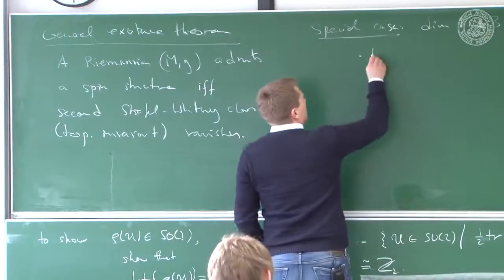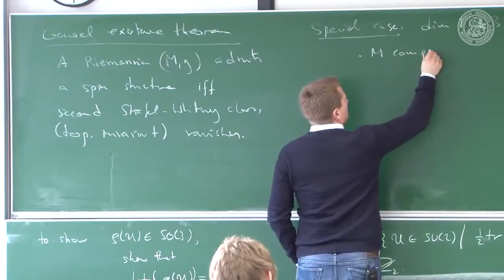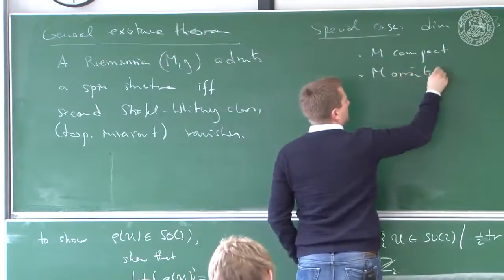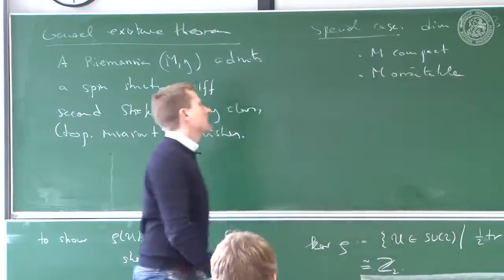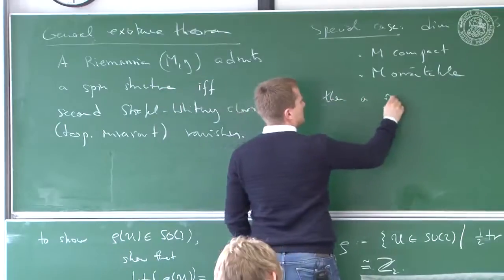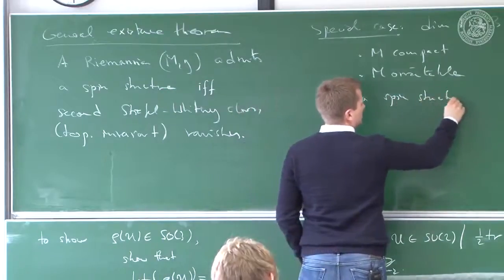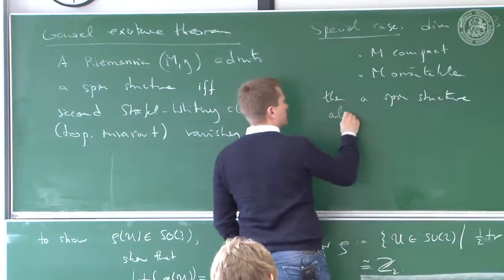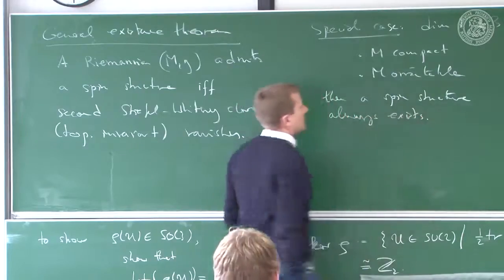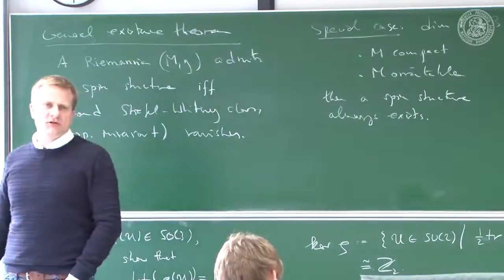And then if M is compact and M is orientable, then a spin structure always exists. Well, compact, we know it's a topological notion.